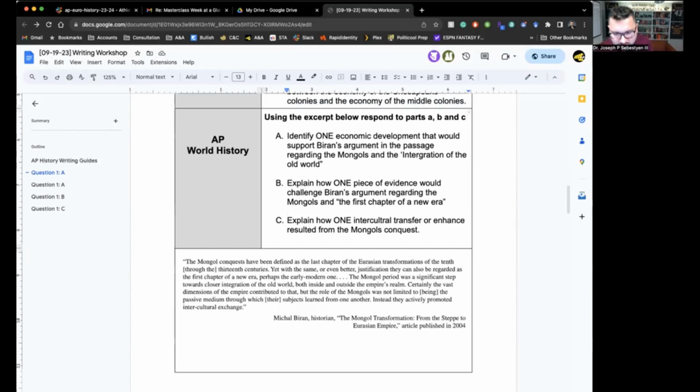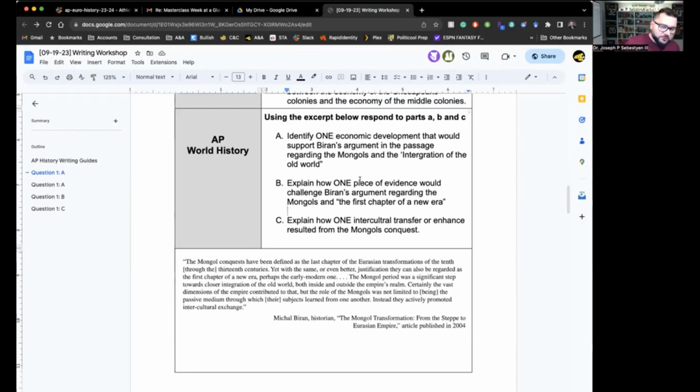The Mongol period was a significant step towards closer integration of the Old World, both inside and outside the empire's realm. Certainly the vast dimensions of the empire contributed to that, but the role of the Mongols was not limited to being the passive medium through which their subjects learned from one another. Instead, they actively promoted intercultural exchange."